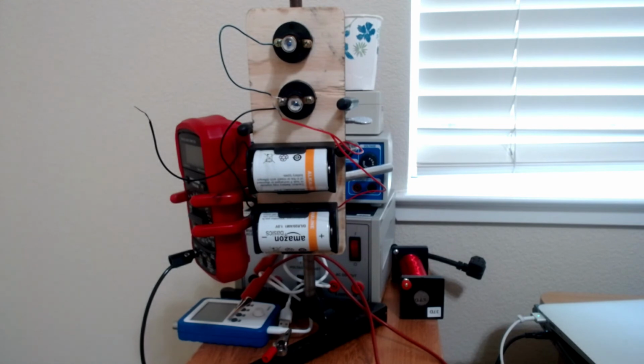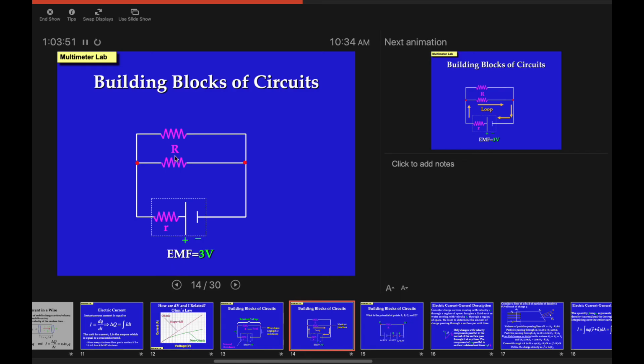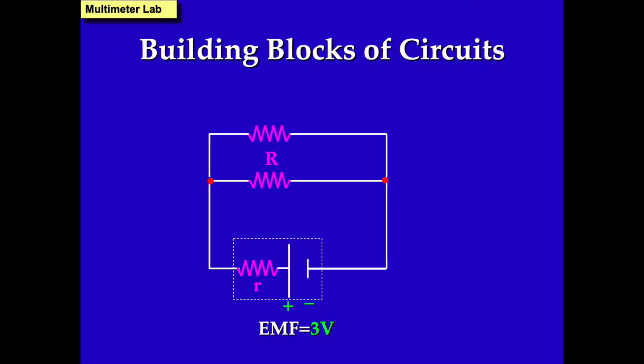Now, let's look at a different case. Oh, I forgot to mention one thing. Actually, two more things. Any closed path in a circuit is called a loop.